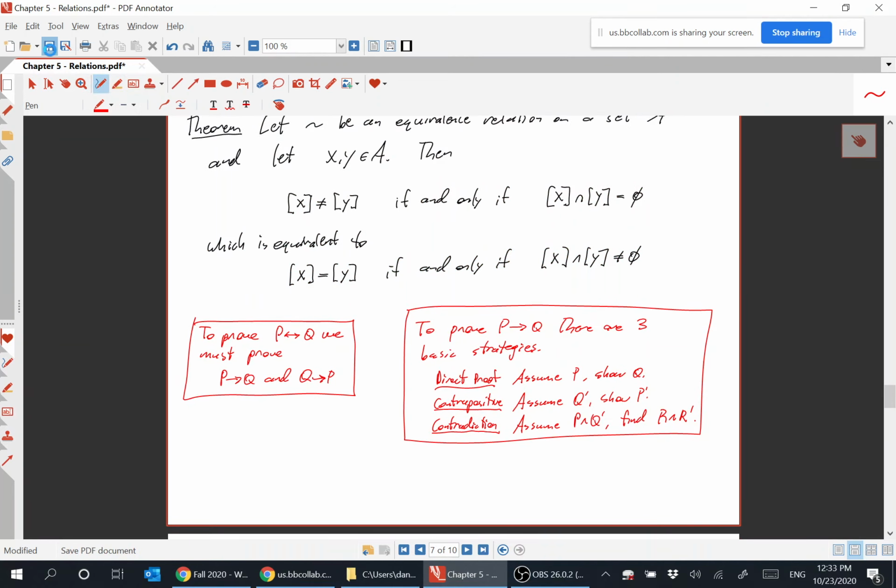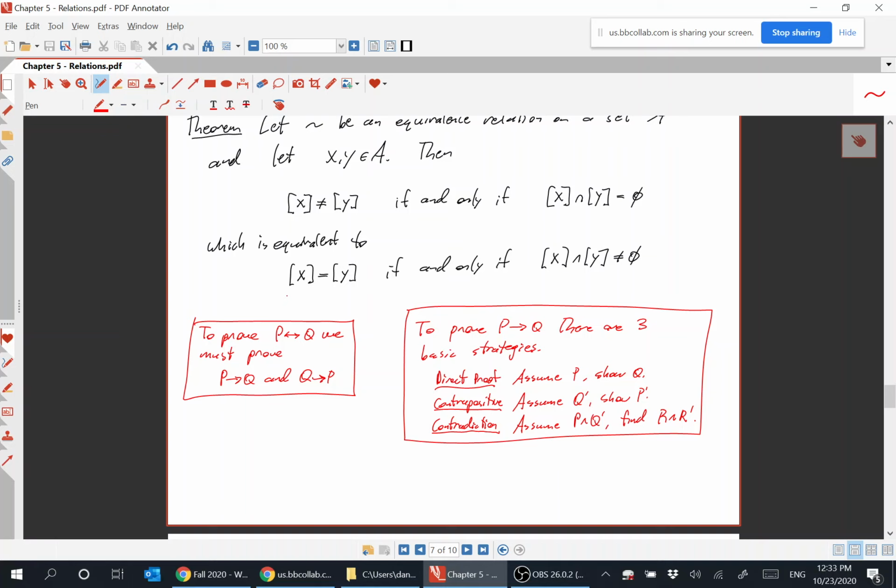Let's take the first statement. Let's assume that the equivalence class of X is not equal to Y if and only if. I thought both directions were non-trivial.